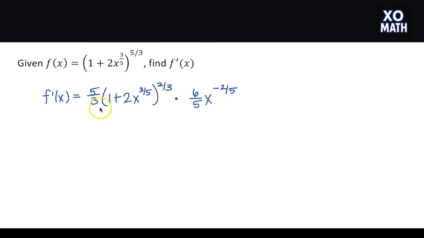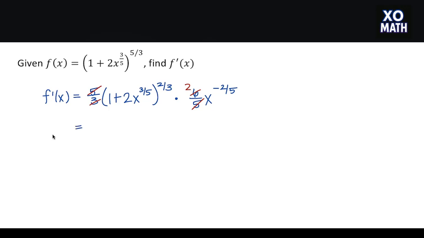So all of this is all one big term. So let's try to simplify what's going on here. So I have 5/5. So the 5/5 is going to cancel and just give me a 1 there. Then I have 6 divided by 3. So that's going to leave me with a 2 in the numerator. And the x to the negative 2/5, that's going to move down to the denominator. So let's rewrite this.